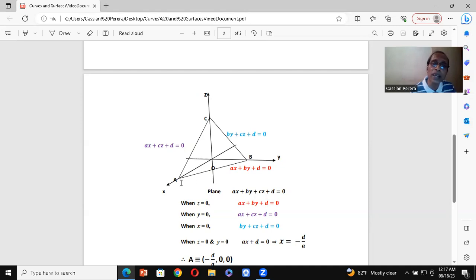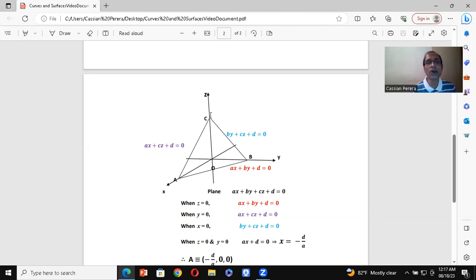The XZ plane means y equals 0, and this plane is ax plus by plus cz plus d equals 0. If you substitute y equals 0 into this equation, it becomes ax plus cz plus d equals 0. Therefore, the equation of line AC is ax plus cz plus d equals 0.